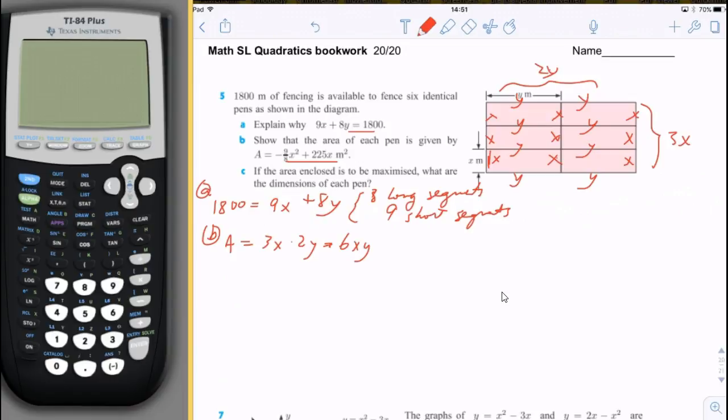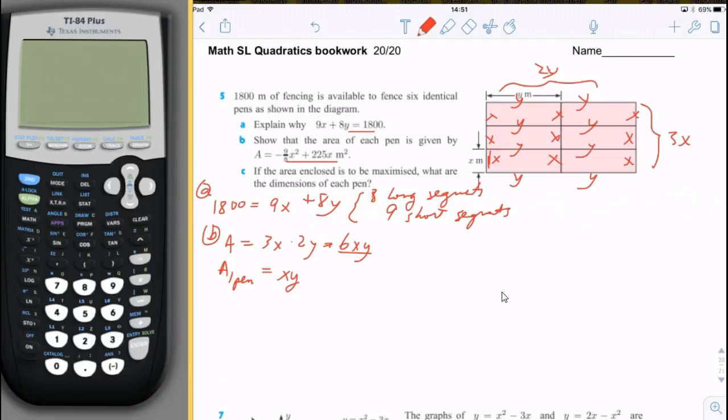And there are 6 pens here, right? So actually, what we're looking for, the area of one pen is going to be 1/6 of this. So actually, it's this divided by 6, which would just be xy.